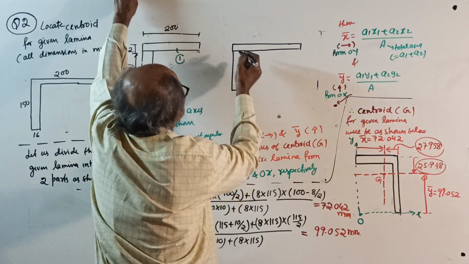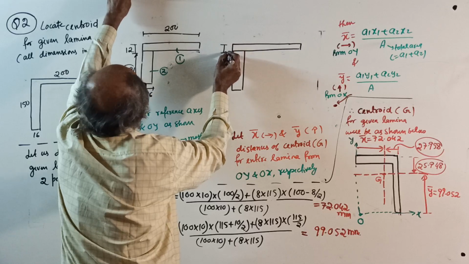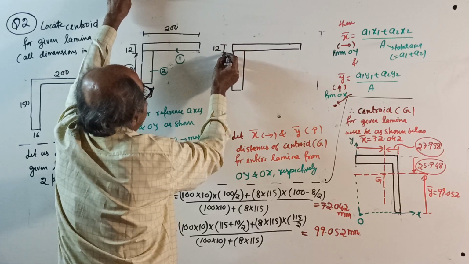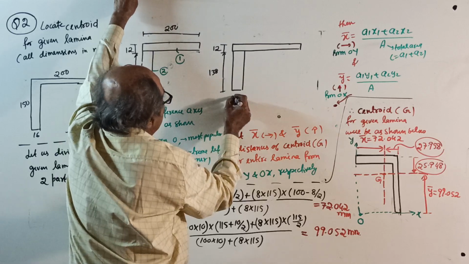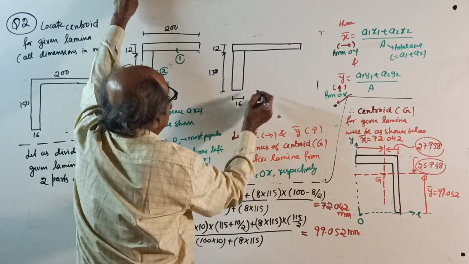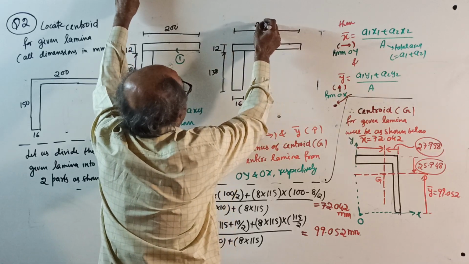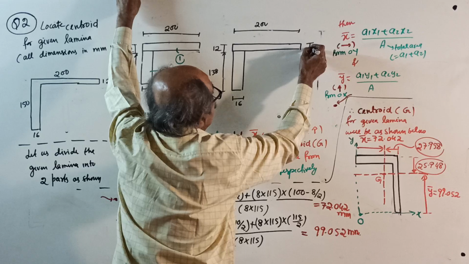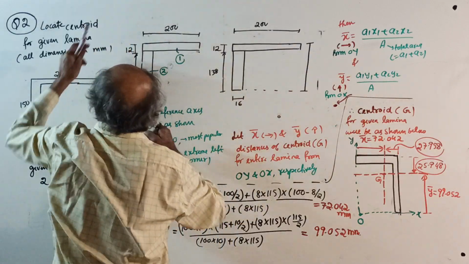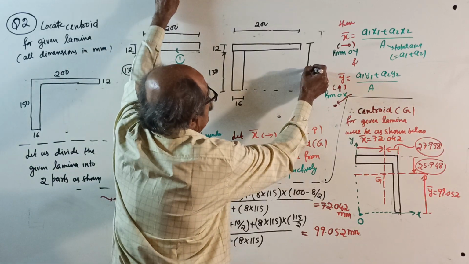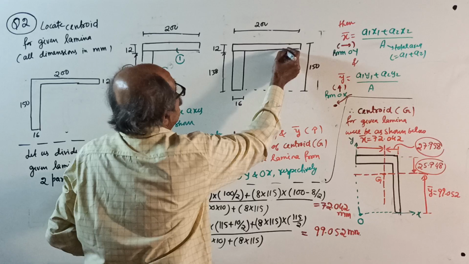This thickness is 12. This depth is 138. This thickness is 16. This width is 200. Overall depth, somewhere mark always, is original one, 150. Okay, now start. This is your part 1.